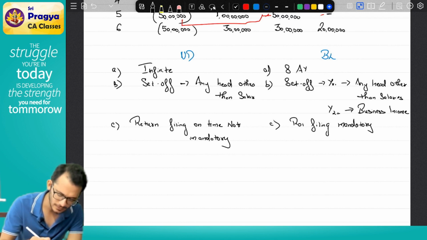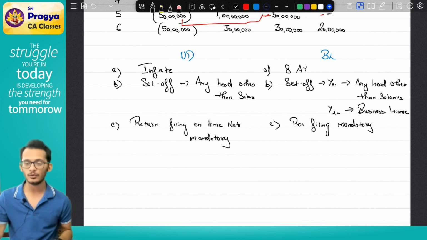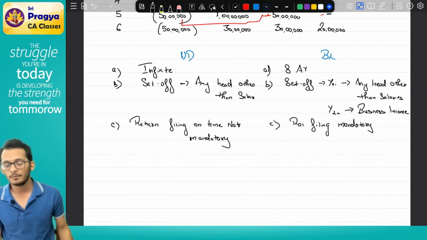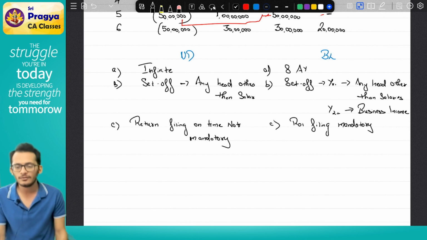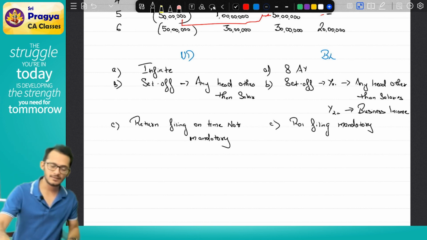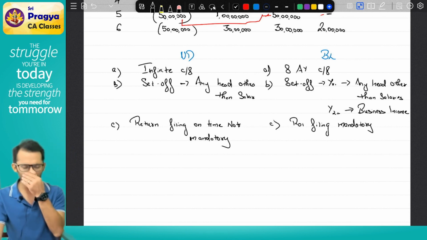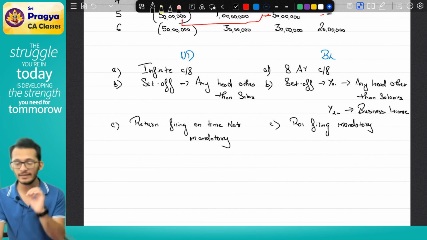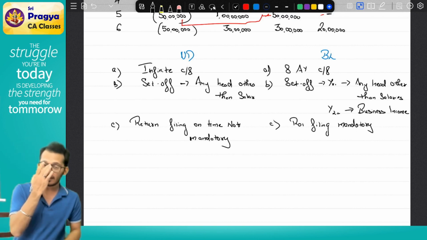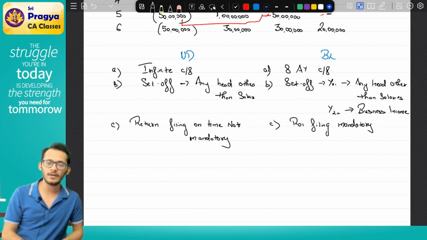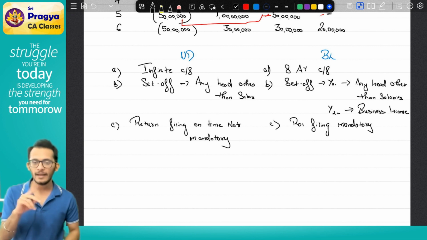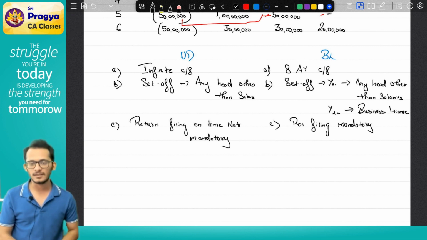Yes, these are the 3 reasons why someone would prefer UD over BL. UD gives you an infinite carry forward, whereas business loss gives you 8 assessment years. UD allows you to set off against any head other than salaries in any year, but business loss allows it only in year 1. Every other year you can set off only against business income.